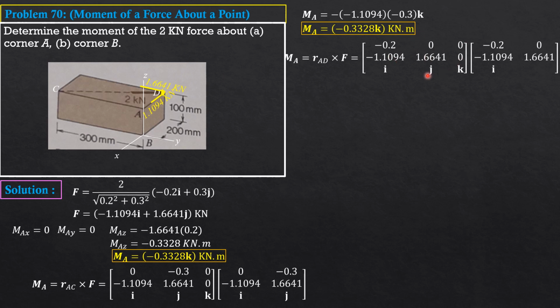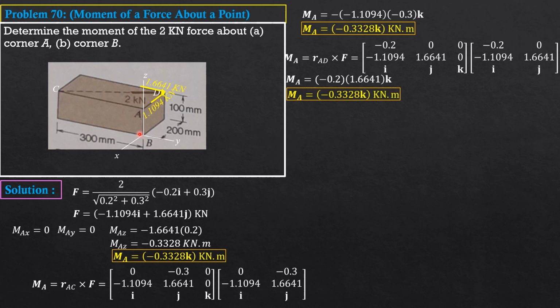Components of force, unit vectors, then copy the first two column elements, expand: 0 along I, 0 along J, then along K, negative 0.2 times 1.6641 minus 0. So negative 0.2 times 1.6641 is also negative 0.3328 K, or negative 0.3328 K kilonewton meter.